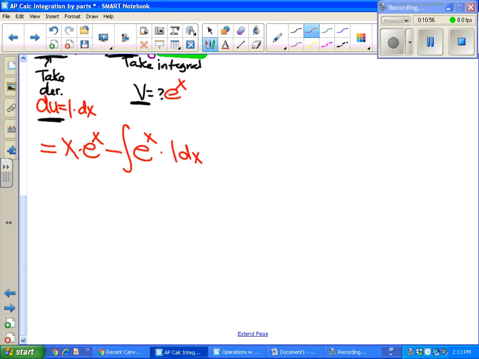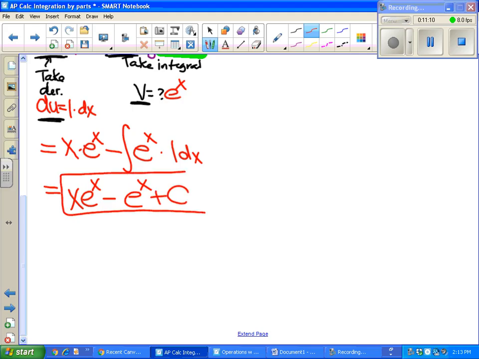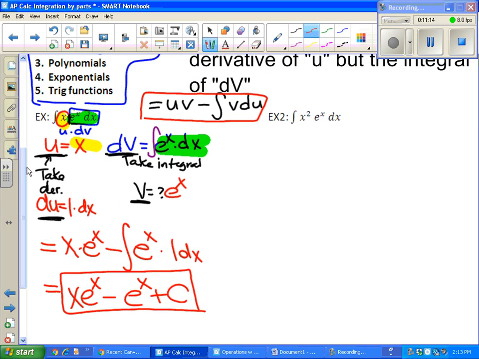And sure enough, I can take the integral of e to the x, 1 dx. So my final answer equals x e to the x minus the integral of e to the x, which is e to the x. And because this is an indefinite integral, I must remember plus c. I have now solved the integral of something that seemingly was unrelated and that I couldn't previously use u substitution for.